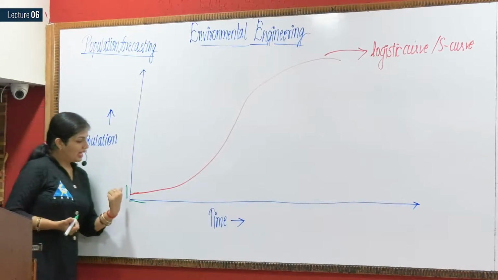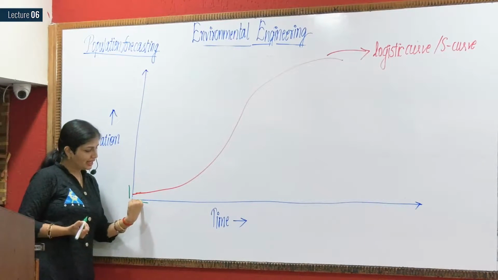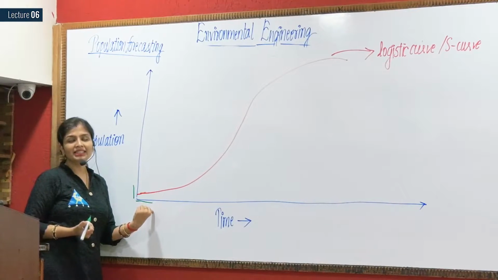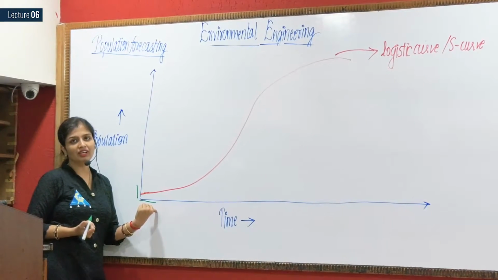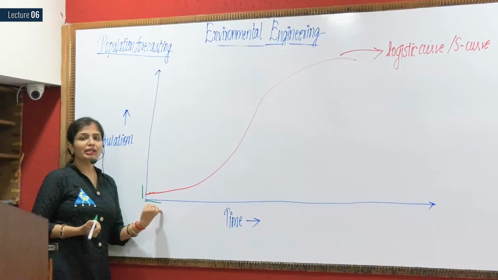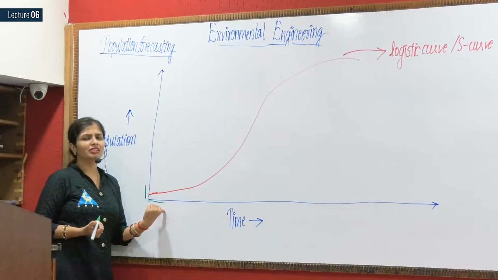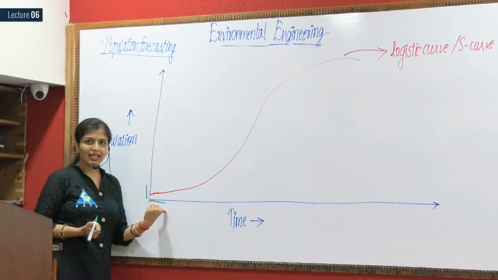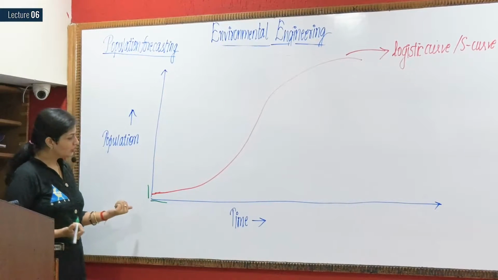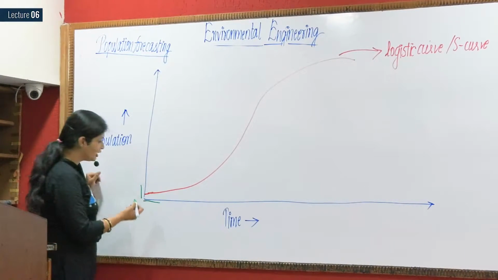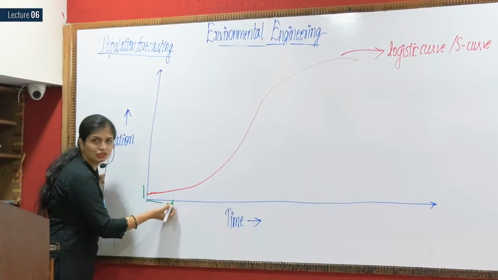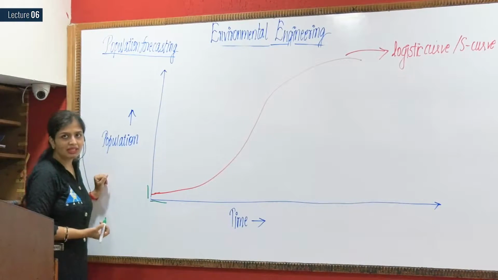Fine. Time 0 and then it is increasing, that means it is a newly developed city. You can take the example of a city like New Raipur. It is a newly developed city. So we are starting from time 0, that means it is a very newly developed city.